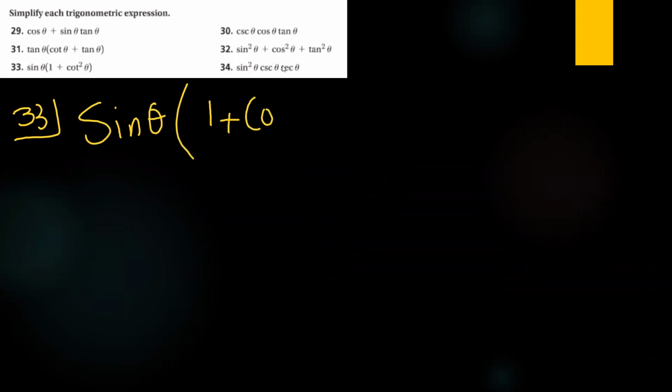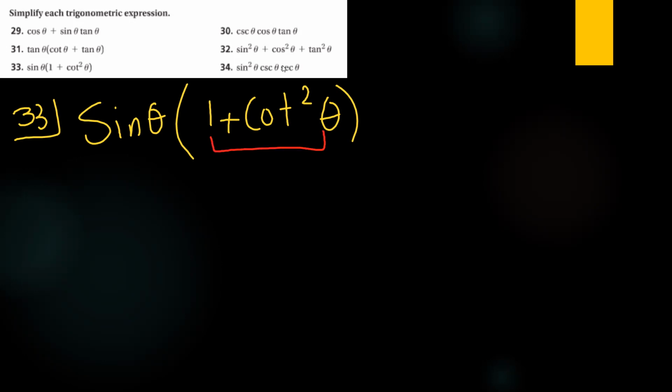Number 33. Sine of theta times 1 plus cosine squared. Now, how do you think we can solve it here? One plus cosine squared is what? We need to distribute the parts.